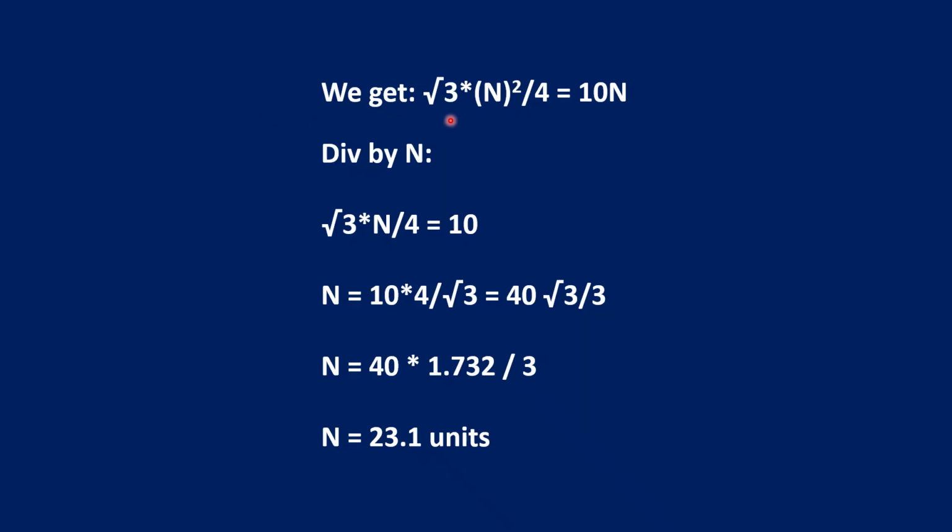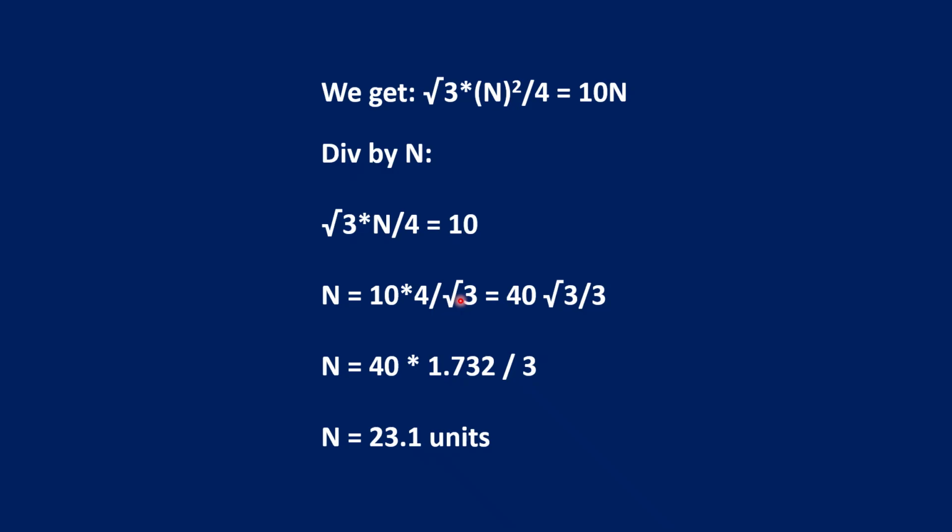So we got root 3 n square by 4 equals 10n. Because n is not 0, we can divide by n. Dividing by n, n square becomes n, and the n on the right side cancels. So root 3 n by 4 is 10, or n is 10 into 4 by root 3, that is 40 by root 3.